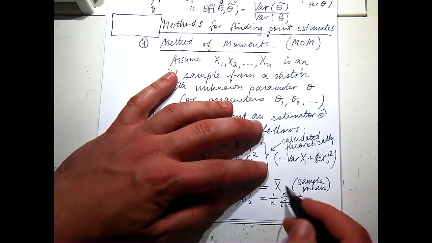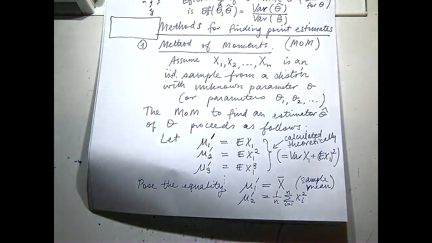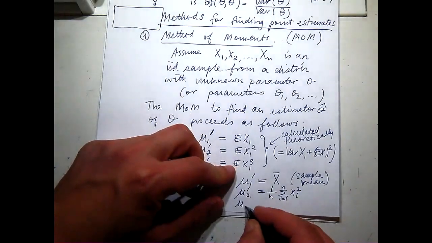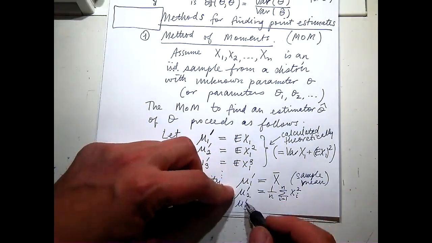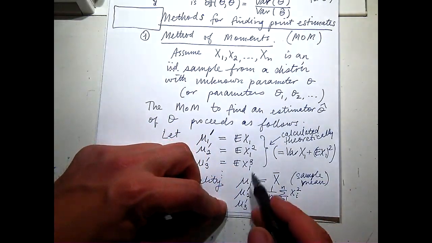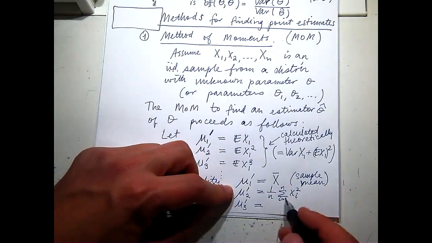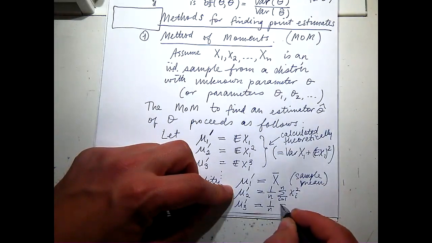So the same as x bar, except you're adding the squares instead of the numbers themselves. And mu3 prime. So on the left-hand side, you'll have functions of theta. You'll have them in terms of theta. And on the right-hand side, you'll have just sample observations: 1 over n sum i equals 1 to n of xi cubed.